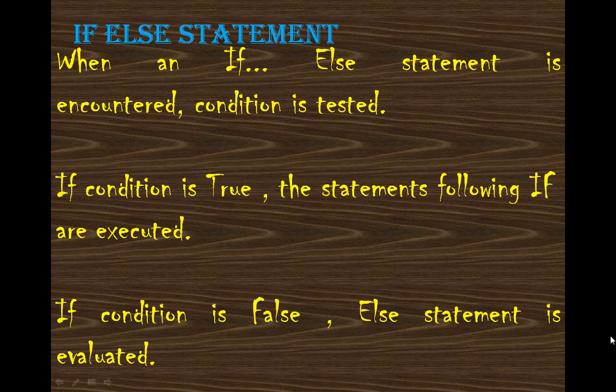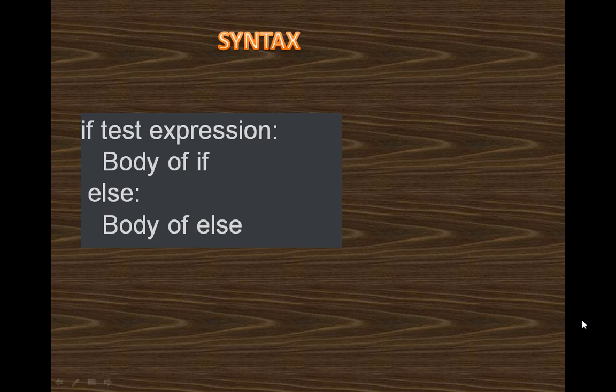And if the condition is false, that means the result of your Boolean expression is false, it will execute the statements followed by the else. So the syntax of the statement is: if, then you write the test expression, then the body of if, and then else and the body of else.